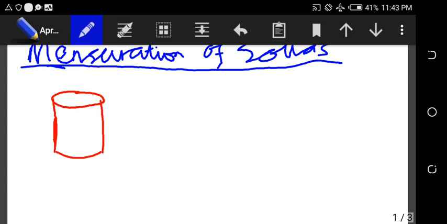So we have this as the cylinder. Now let's do some labelings. Remember that the top has a circular outline. So if here's the center of this point, here will be the radius, and from that point down to the center we'll also have the height.